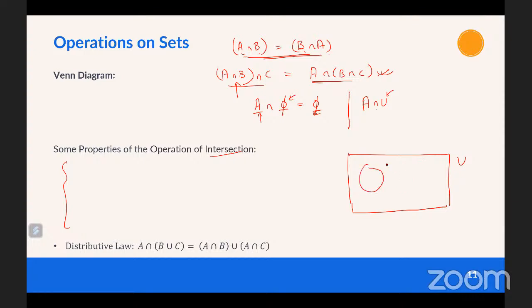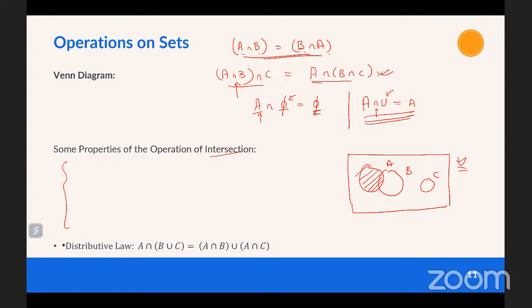So it contains the set A, it contains the set B, it contains the set C. All the sets which are there will be contained in this universal set. Now you are doing intersection. What does intersection do? It gives the elements which are common to both set A and the universal set. So this whole set A will be the intersection. So if you do this intersection, you will get the set A.